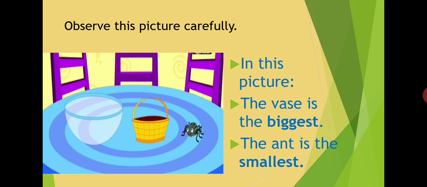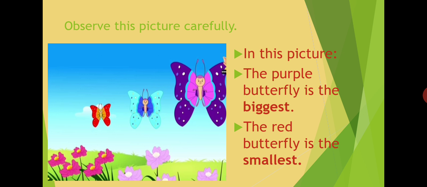But when we are looking at 3 things, we can compare big, bigger, biggest, or small, smaller, smallest. So here in this slide we can see vase. Vase is the biggest of all the 3 and ant is the smallest of all the 3. In this slide again we can see 3 butterflies are given there. We can have the concept of small, smaller, smallest or big, bigger, biggest.